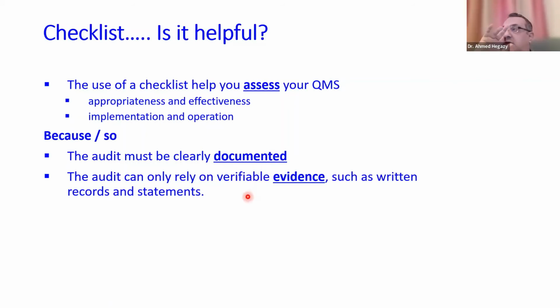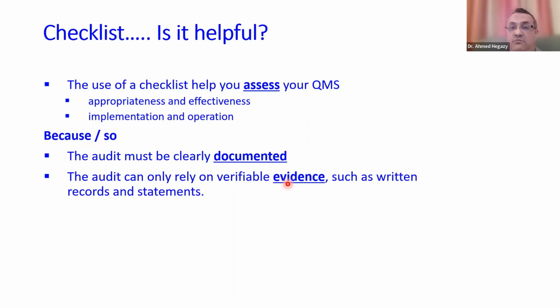So usually the audit and the auditors always rely on what is called verifiable evidence. Like show me an email, show me a signed document, show me whatever, so that I can verify that it's correct. Testing is done, whatever is done, and there is evidence, a record, a statement, an email, or whatever.